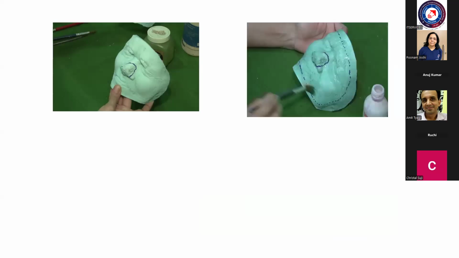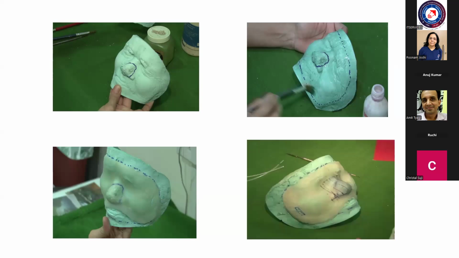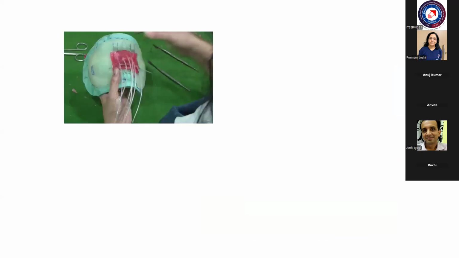Then we again mark the tumor on the surface of the mold and also the margins that we should use for placing the mold, and acrylic material is used. We again place this on the mold, and then we insert the catheters. So insertion of the catheters is done on wax here. Like we can see, a small wax bolus is being used.